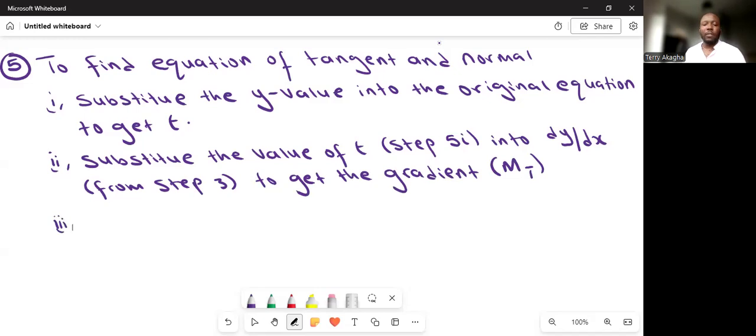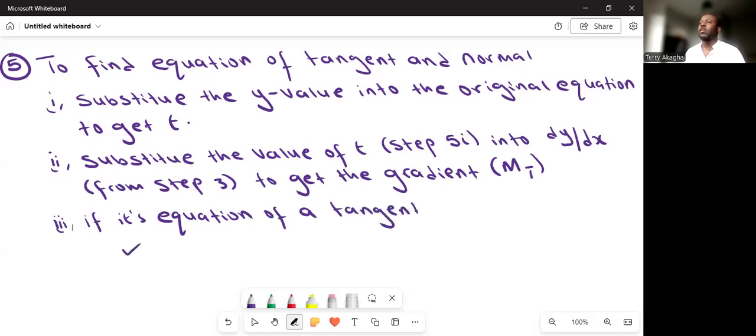Then number 3, okay? So when you've done that, if for instance you are asked to look for the equation of a tangent, then you're going to use the formula y minus y1 is equal to mt x minus x1.